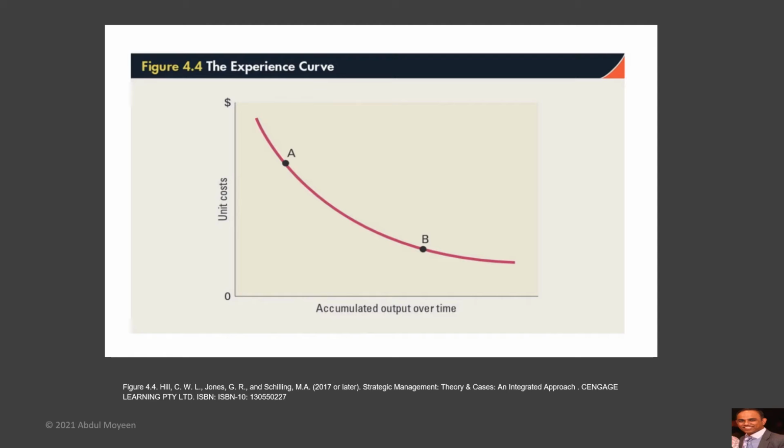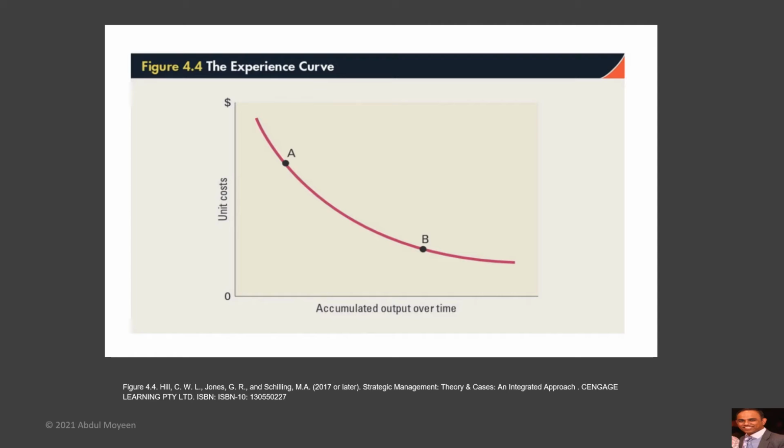Why is that? It is because of the economies of scale and learning effects. As the company increases the accumulated volume of output over time, it is able to realize both economies of scale, because now we have more volumes to produce, and also the learning effects.